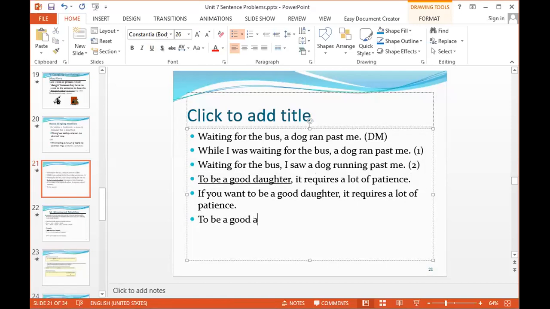To be a good doctor, Cô Doãn, can you correct it? Change the second sentence to make it modify the right subject. What should we change here?